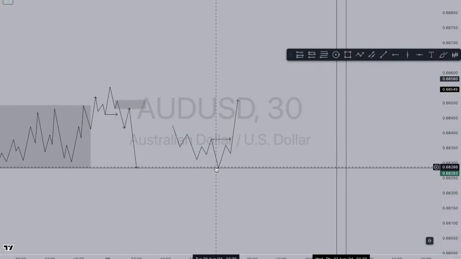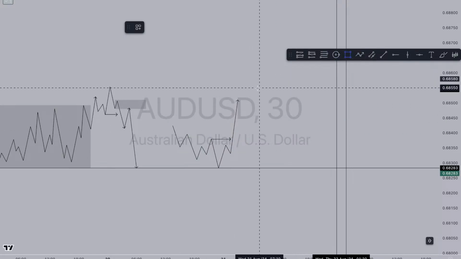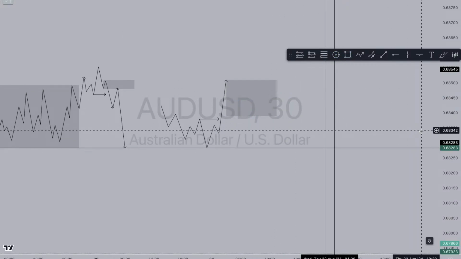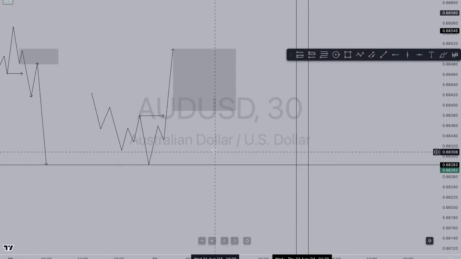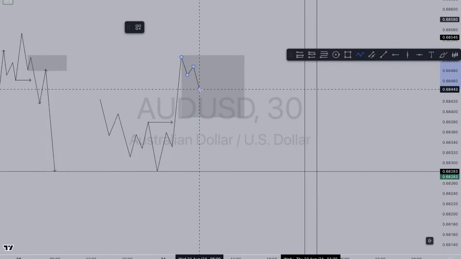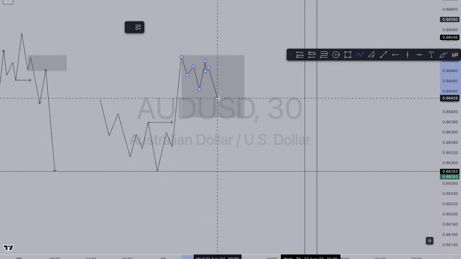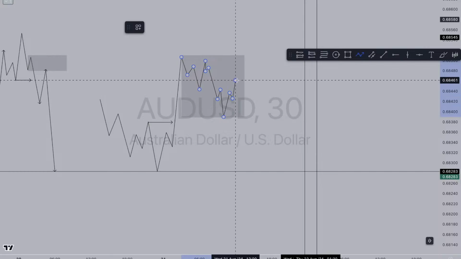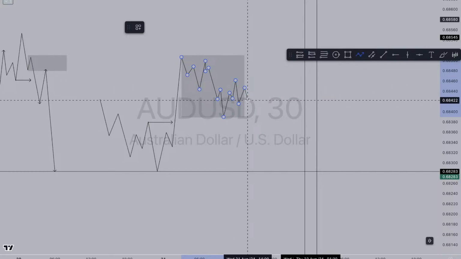Made a higher high after making a lower low. Then here comes Asia session. Okay. Here comes Asia. Starts giving us some structure. Then here comes our time window.